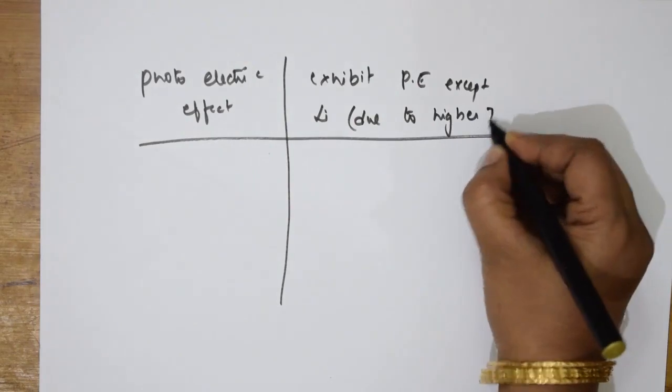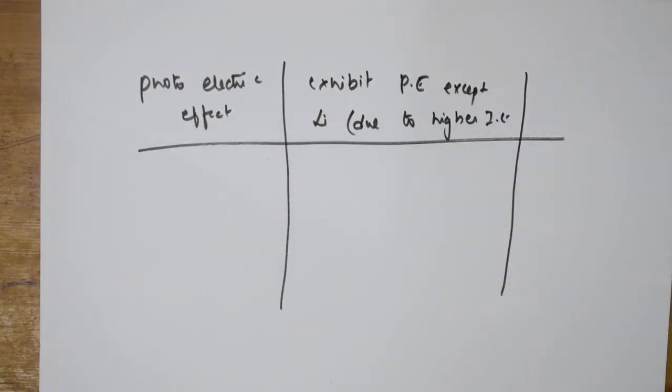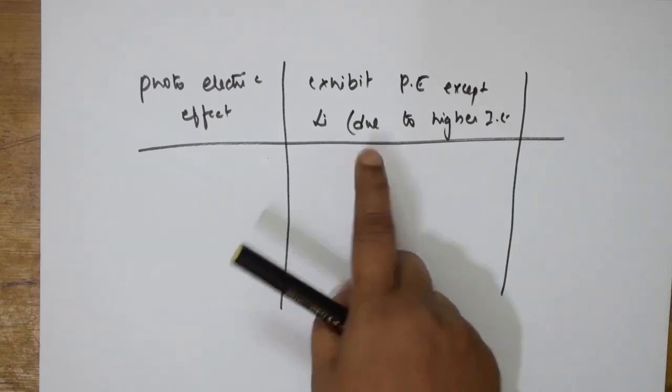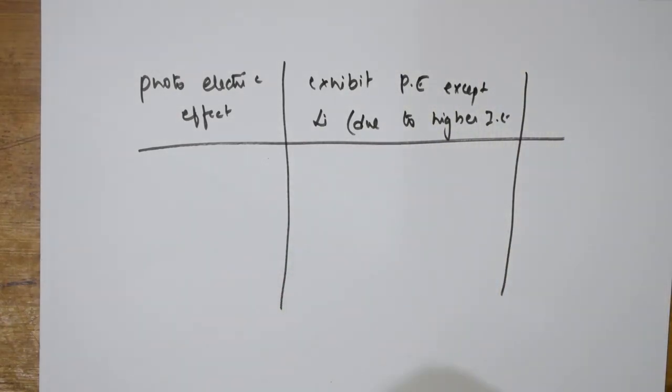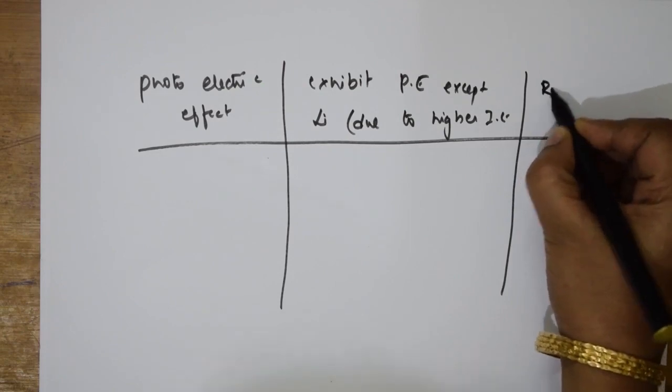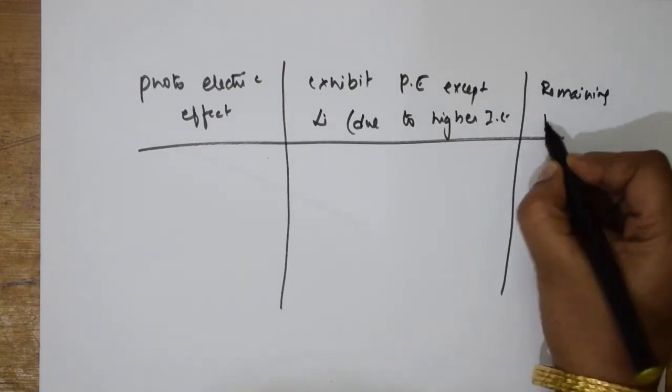Size is very small, and it's very difficult to eject that electron when the light is incident, since the energy of the photon of the incident ray is not sufficient. For the others, sodium, potassium, rubidium, cesium, the size is bigger and ionization enthalpy is lower, so when I supply a certain amount of incident light on the surface of the metals, they can easily eject an electron. Hence remaining all except lithium will show the photoelectric effect. This is the important thing which you should remember.